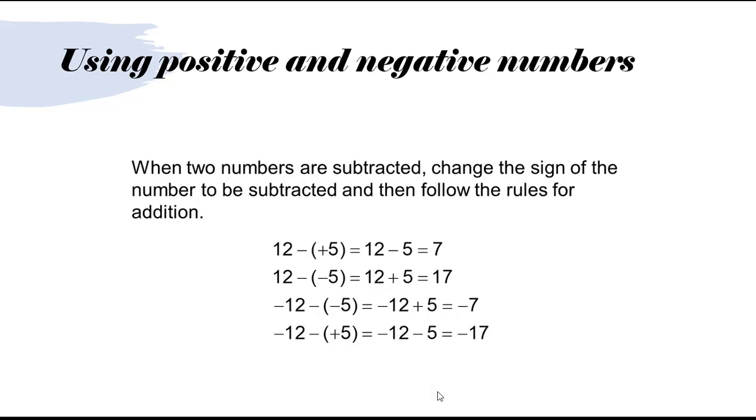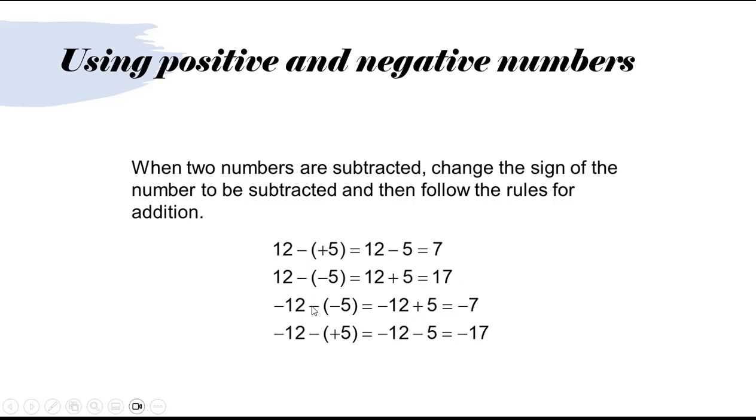When two numbers are subtracted, change the sign of the number to be subtracted and then follow the rules for addition. So for example, if we have 12 minus plus 5, that's the same thing as saying 12 minus 5, which is 7. However, if we have 12 minus negative 5, then these two negative signs cancel out and we end up with 12 plus 5 and we get 17.